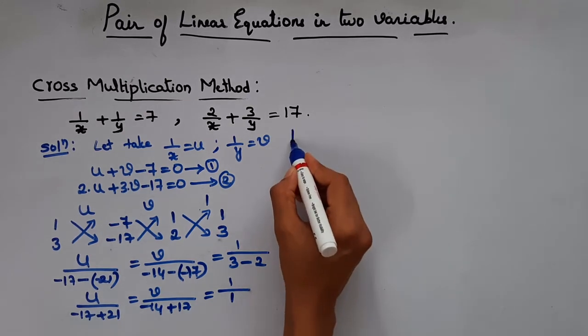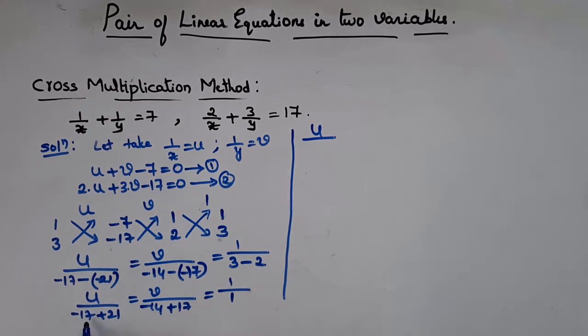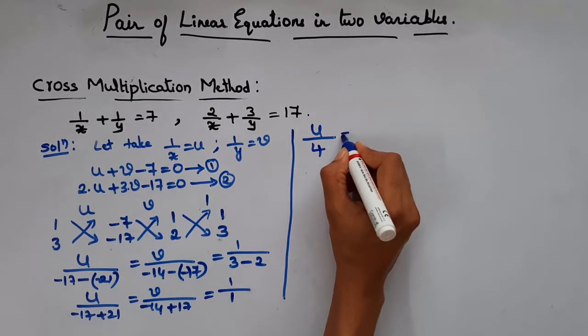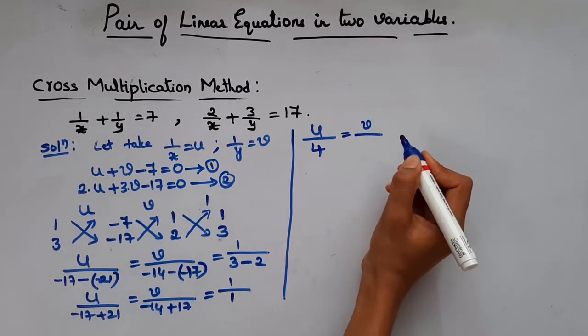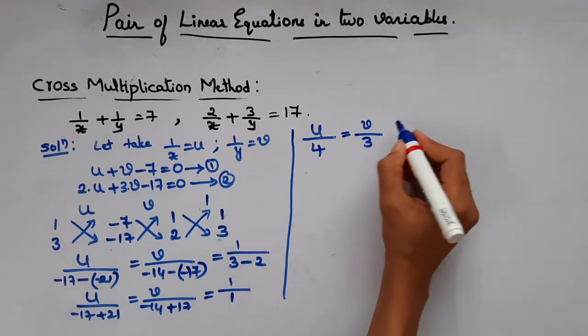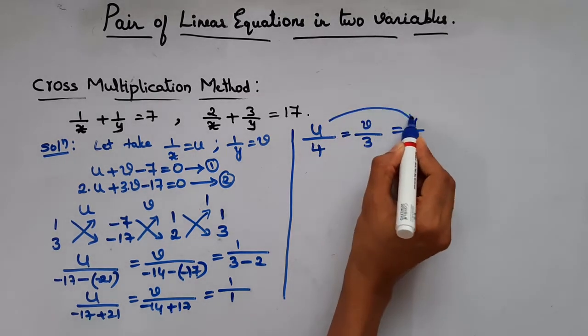So let me continue here. So u by minus 17 plus 21 will give you 4, right? Which is equal to v by minus 14 plus 17 will give you 3, which is equal to 1 by 1. Now let's take these two equations first.